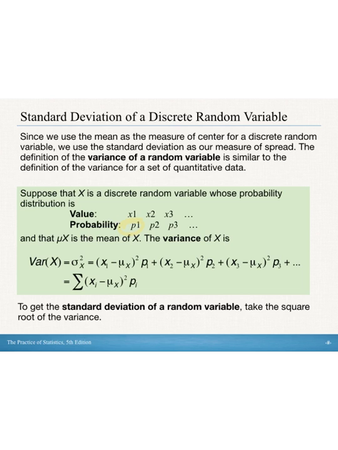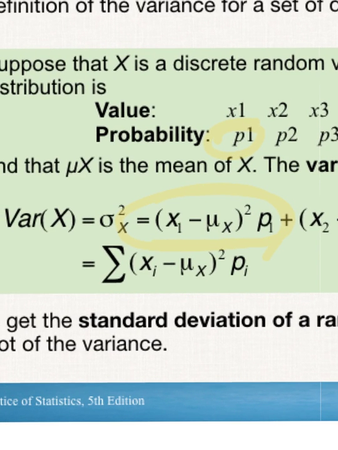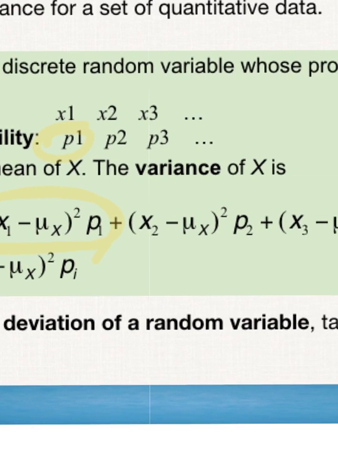We're basically doing that each time when we find the difference of the data point and its mean, and then instead of dividing at the end, we multiply by that probability each time. So for this particular one, we take the first value and subtract it from the mean, square it, and then multiply it by that probability. Then we take the second value minus the expected value, square it, multiply it by the second probability, etc., etc.